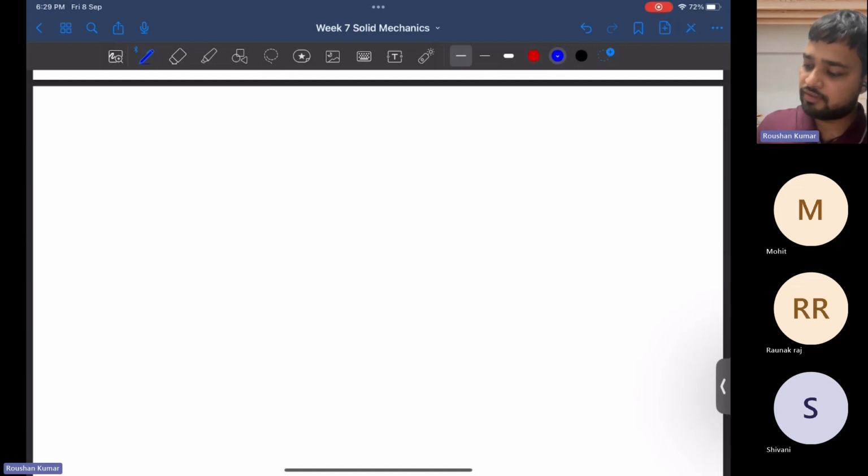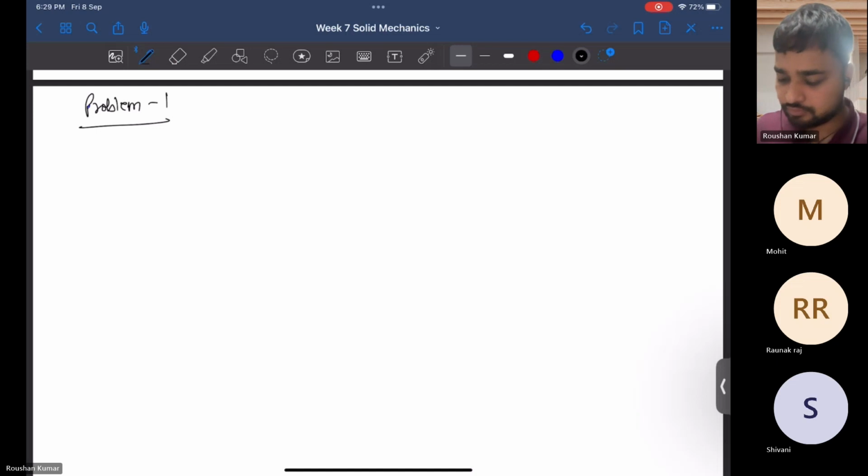The first problem, problem number 1, is based on the equilibrium equation in the cylindrical coordinate system.